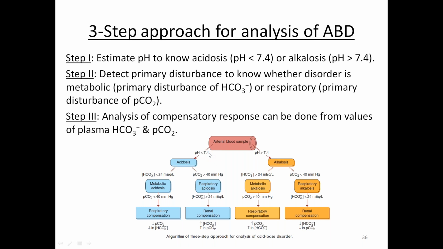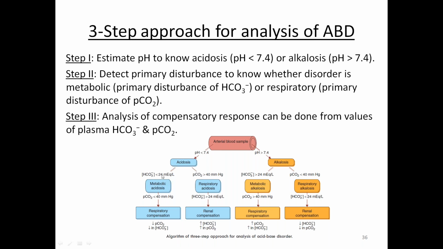Okay, and remember your anion gap concept, again we are going to apply it to acidosis, okay, and especially metabolic acidosis. So now I tell you that bicarbonate ion is 14, okay, and PCO2 is 22. So we know the primary disturbance being bicarbonate less than 24. So we say, okay, this is metabolic acidosis.